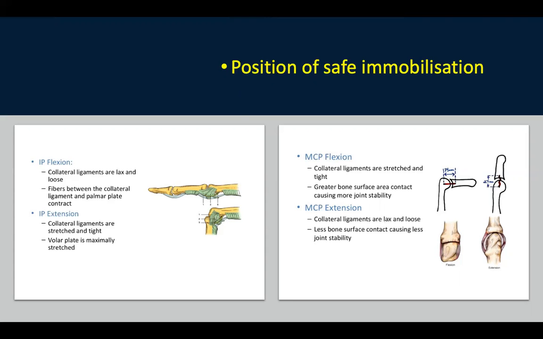In MCP extension, the collateral ligaments are lax and loose, with less bone surface contact causing less joint stability. So if you keep the collateral ligaments loose, they will tighten, and at a later stage they will contract. So that will lead to a stiff hand. So we should never let the hand go into that position.